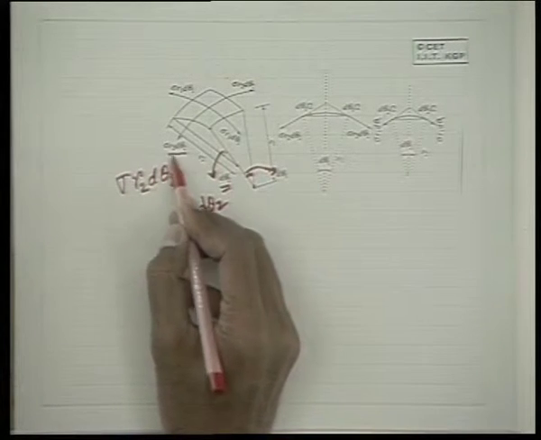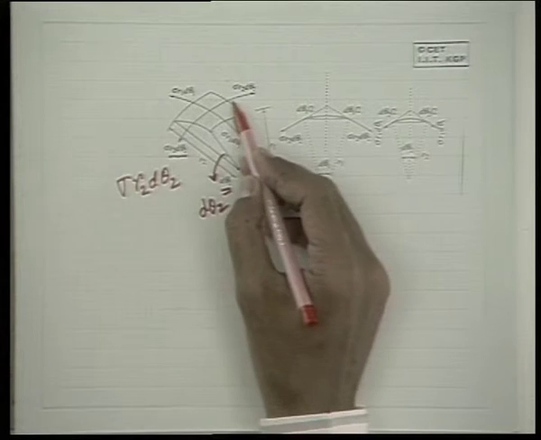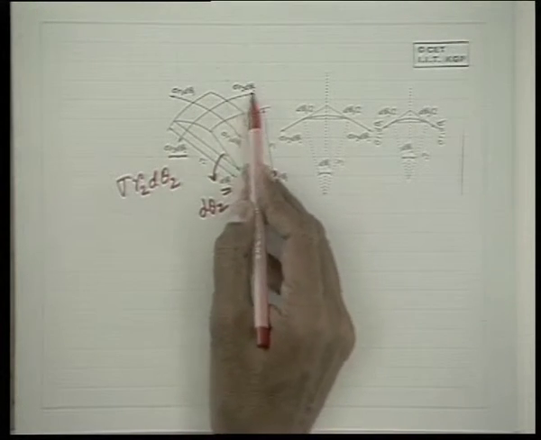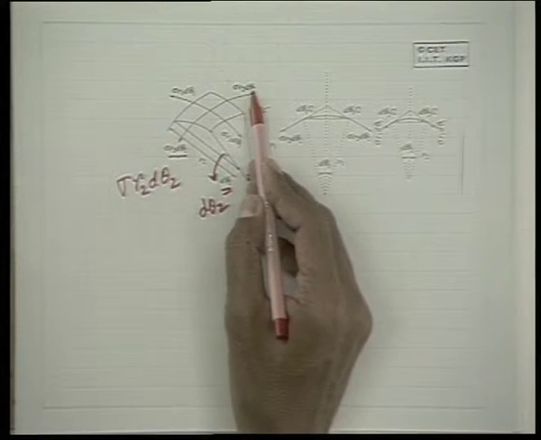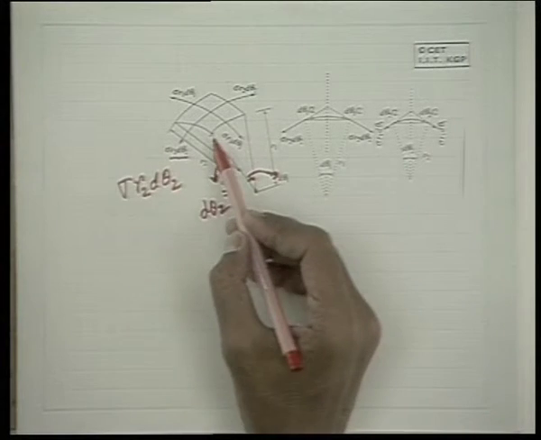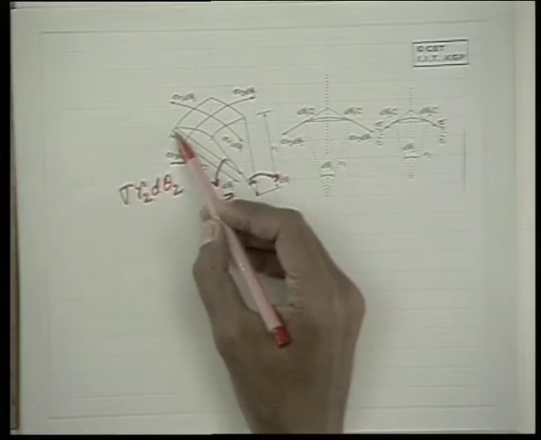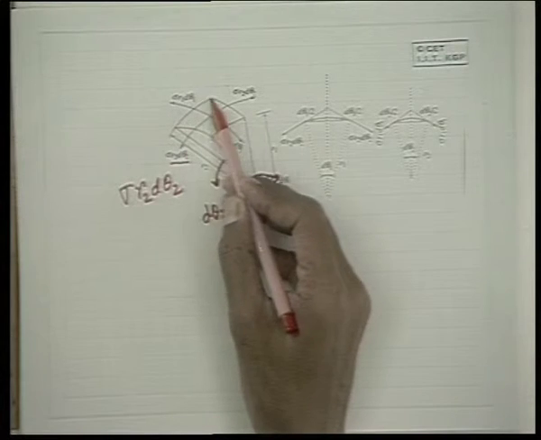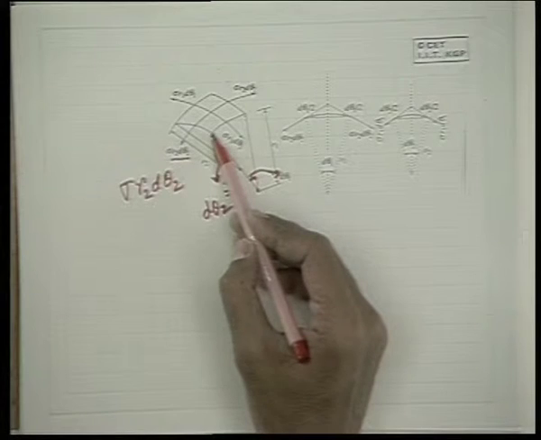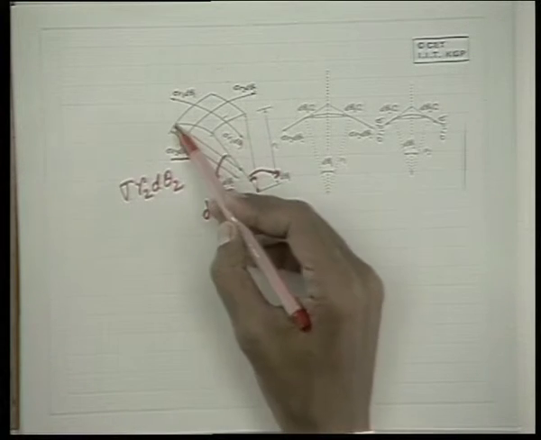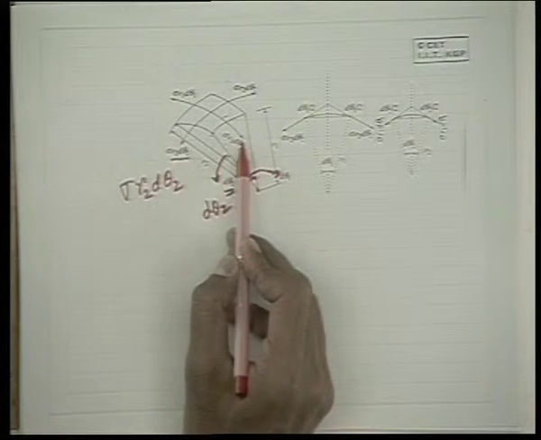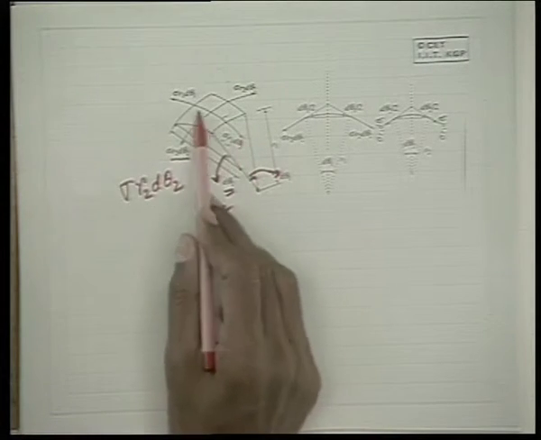Similarly, the surface tension force which acts over these other elements is sigma R1 d theta 1, because the length of this curved line is R1 d theta 1. So according to the definition of surface tension, the total force is sigma R1 d theta 1 in this direction.